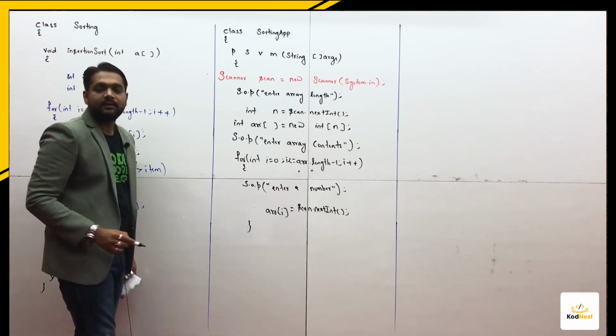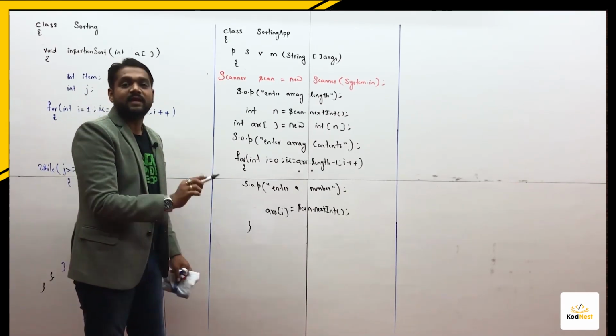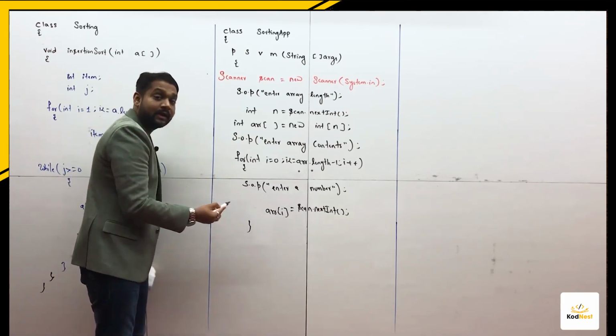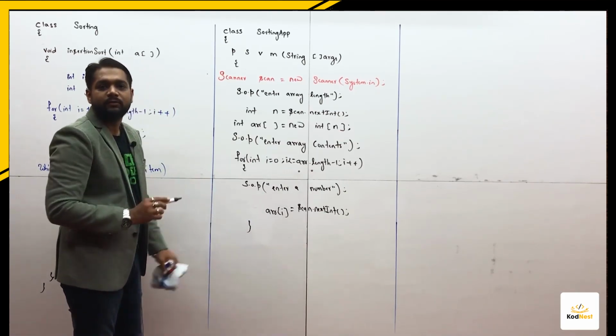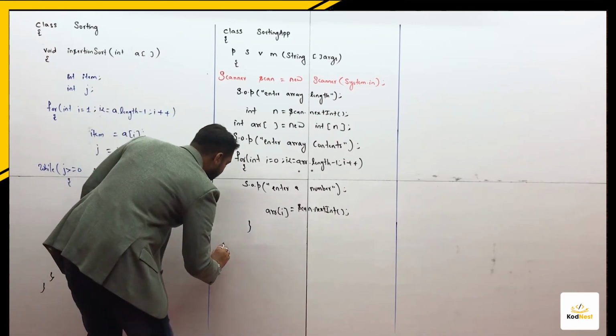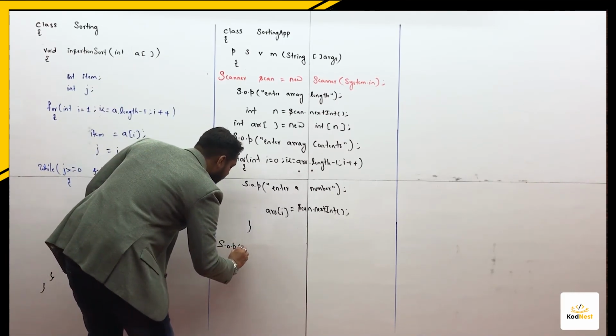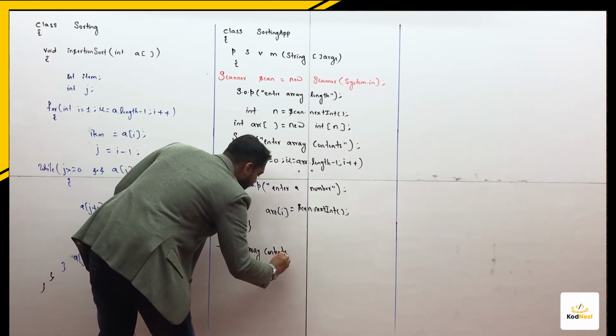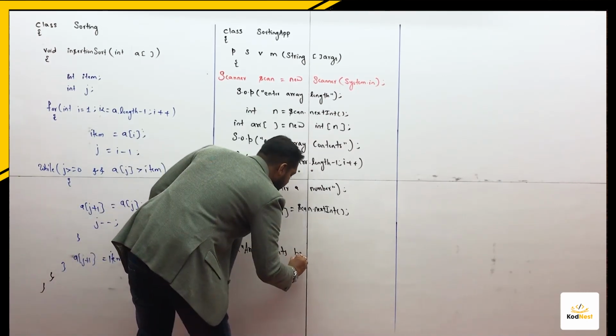Array elements are there. How they are before sorting, that also I would print. Array elements have been collected. How the user has entered before sorting, I would print. So here I would tell System.out.println, array contents before sorting.